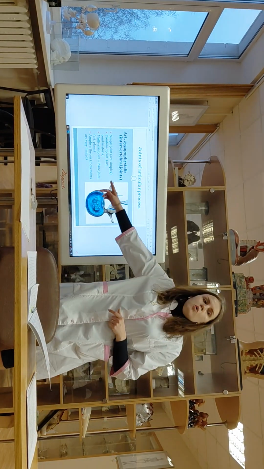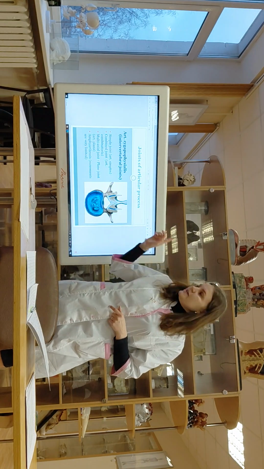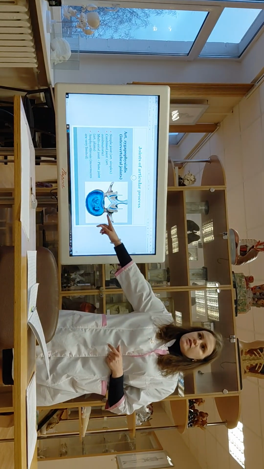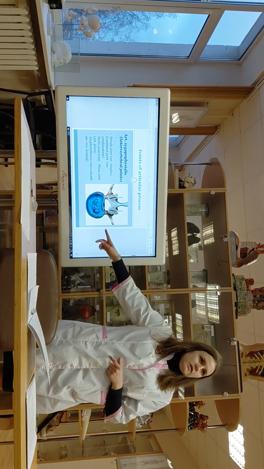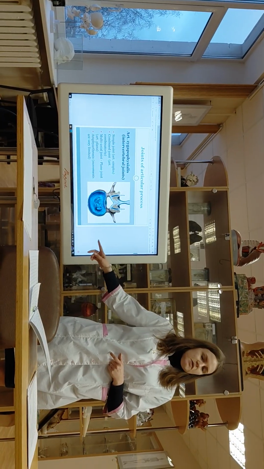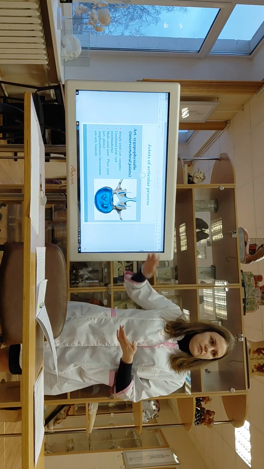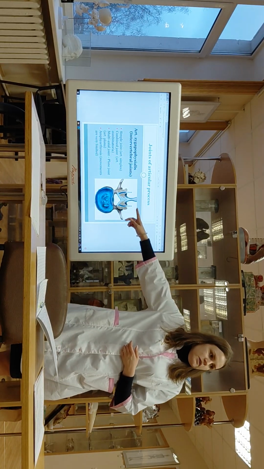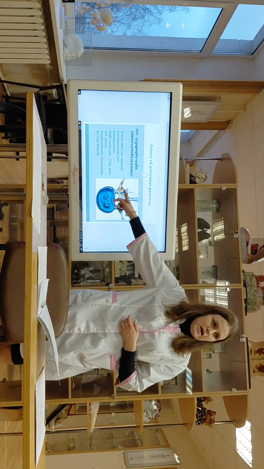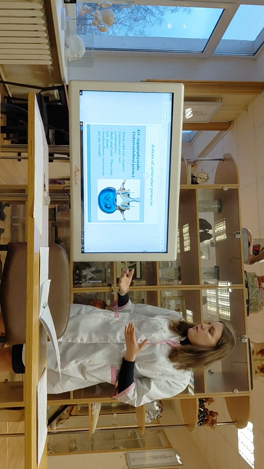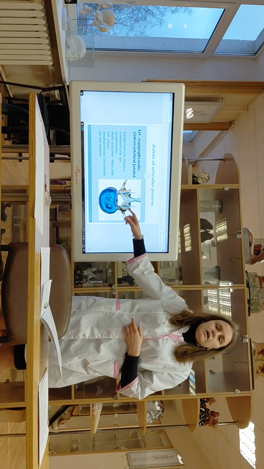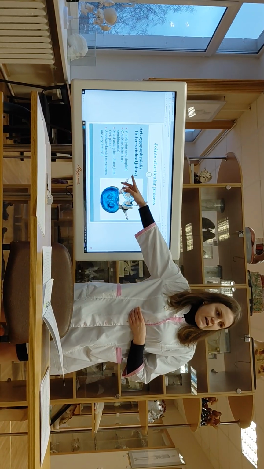For movement, multiaxial, but this is amphiarthros. Amphiarthros means limited mobility. And for shape, plane, flat, articulatio plana.